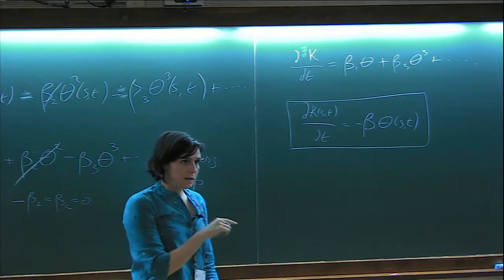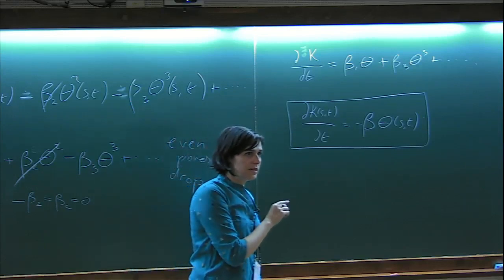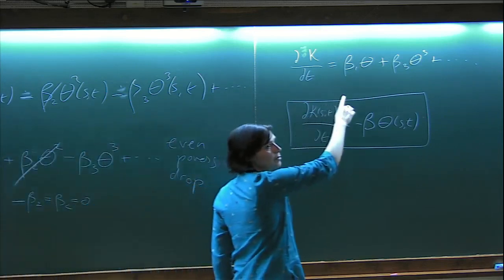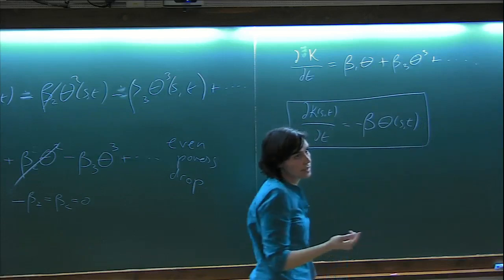Here I will already say, when I said that I don't know what the function is, I was semi-lying, because there is a lot of work that shows that theta is sensed as a sine law. So actually this is exactly right: we have all the odd powers, which is a sine.